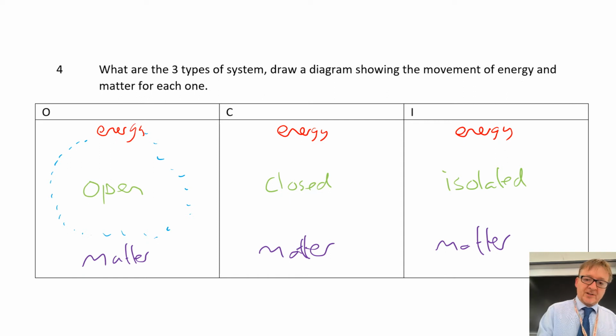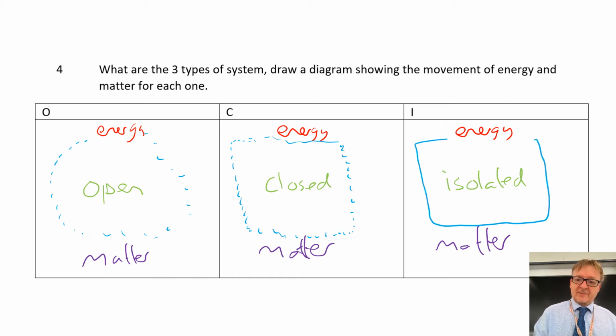A closed system is like that, but it's kind of a bit like not everything can then be stopped. An isolated system is like that. Right, so if I go back to my energy, in an open system, energy can go in and it can go out. It doesn't matter where it does or what it does. Matter can also go in and it can go out.